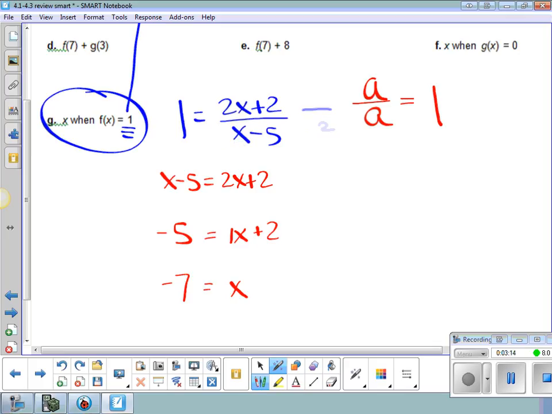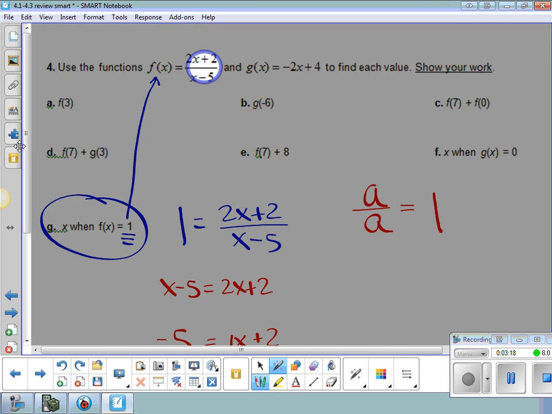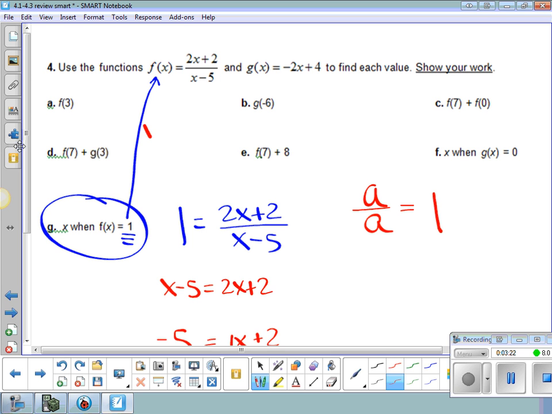The fourth way of doing this problem would be to graph this in y equals. To do that, you'd have to make sure that you graph it like this, with parentheses. And then in y2, graph the line y equals 1, and find where they intersect.